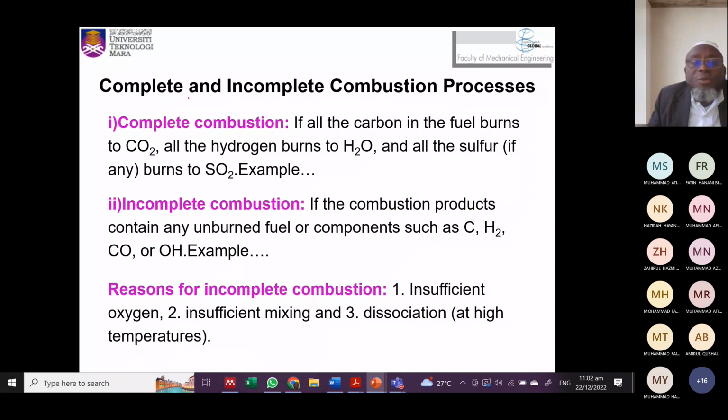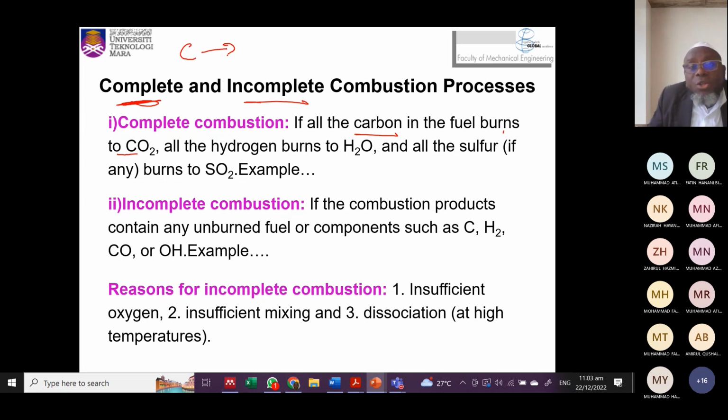Now, we want to look at what we mean by complete and incomplete combustion. This is very, very important. Complete combustion occurs if all the carbon present in the fuel is converted, or burnt, into carbon dioxide.